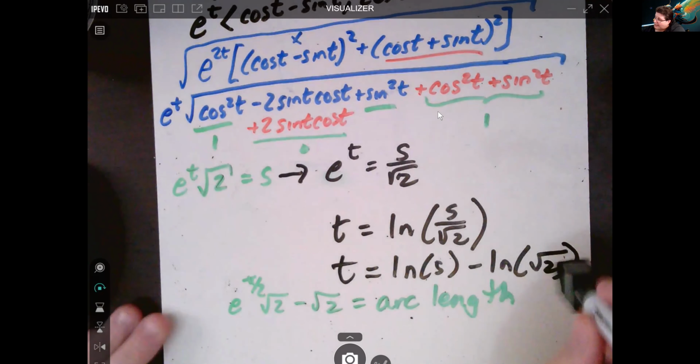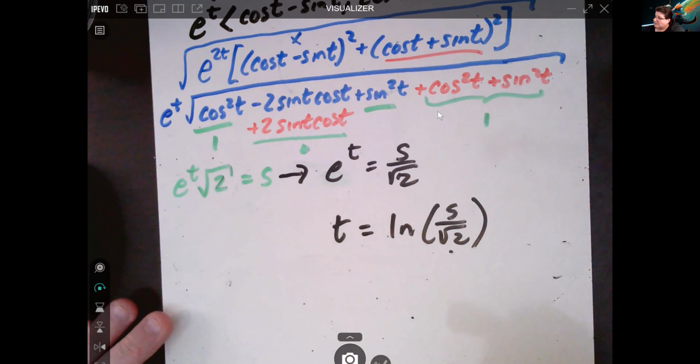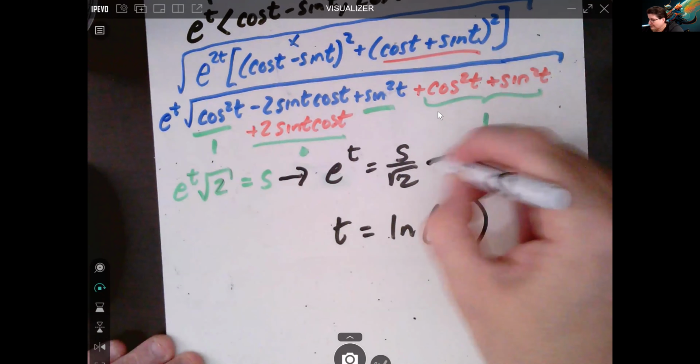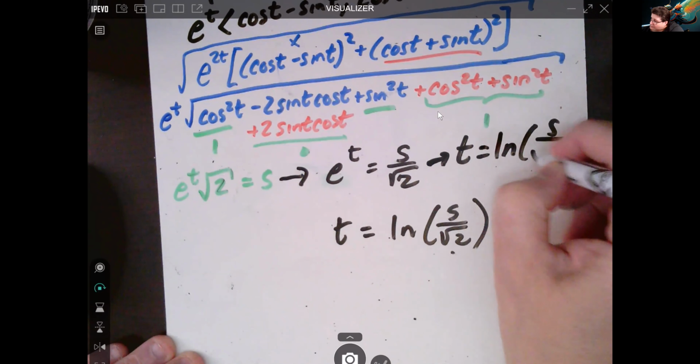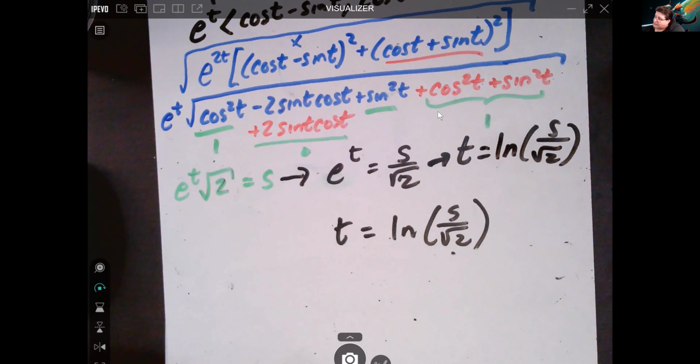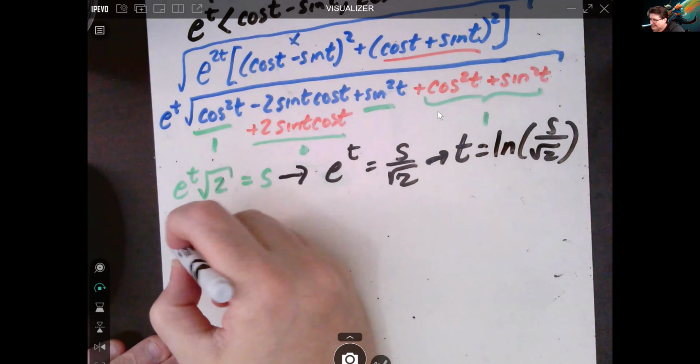So if I were to put that in, I write this over here so I have a little more room on the board. Okay, so what does R of S look like?